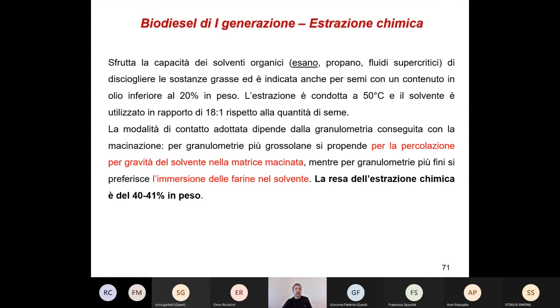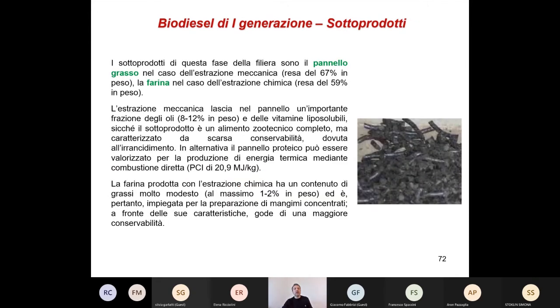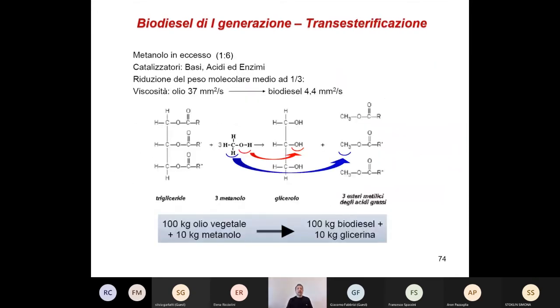Okay, I stop a moment at the main important part of this pathway, which is the chemical transformation from vegetable oil to biodiesel, the element we name biodiesel, which is this part. Transesterification.